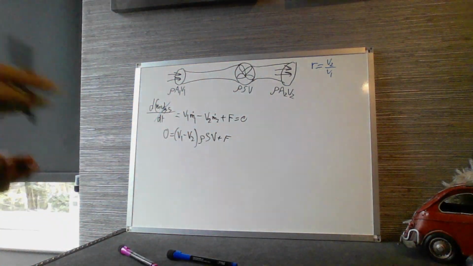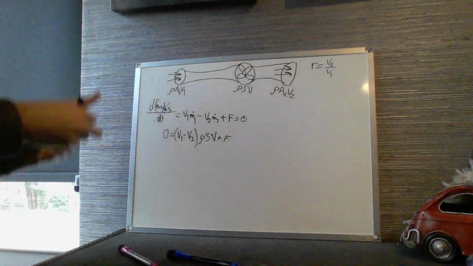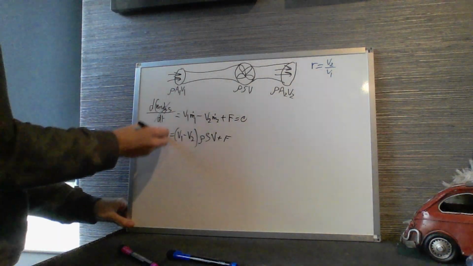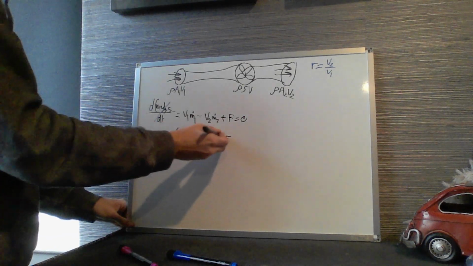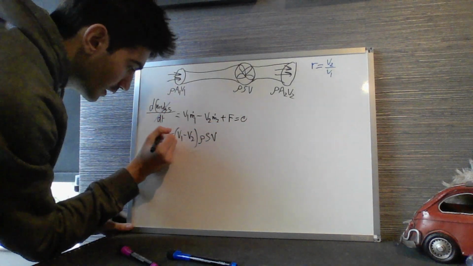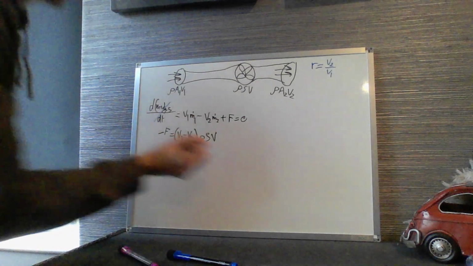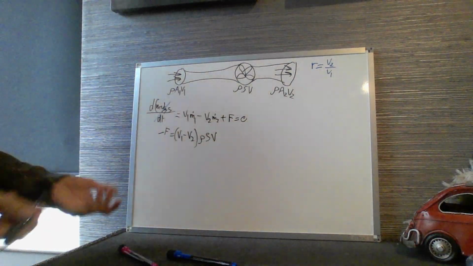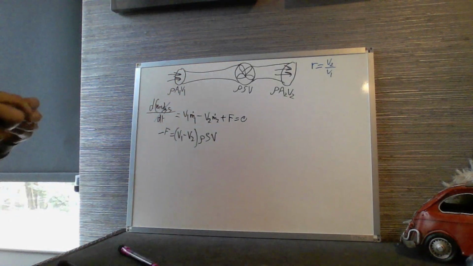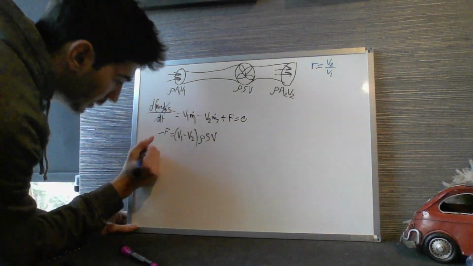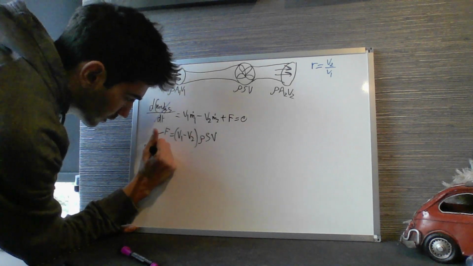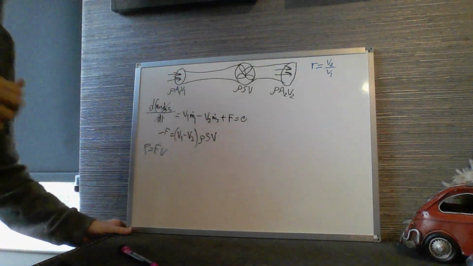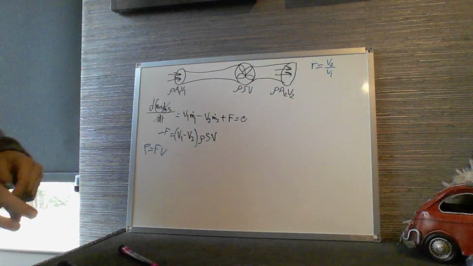Now what we're going to be doing is using the force. I'm just going to bring this back over to this side. So the negative force is equal to this expression. Why did I do that? Well, we're solving for power, and we all know that power is simply equal to the force applied multiplied by the velocity. Very simple.